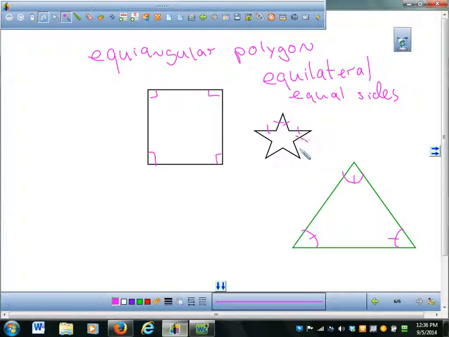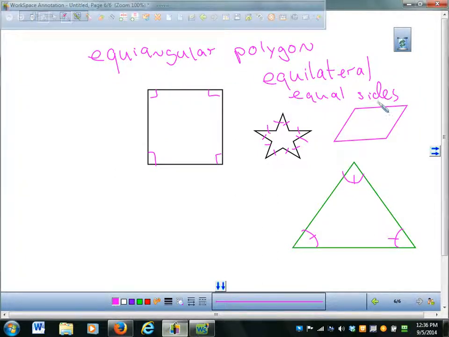I think so. In that star, are all the angles equal? Probably not. Okay. Anyone think of another shape? What do you call that? Rhombus, right? We'll get to quadrilaterals, but a rhombus can have equal sides.